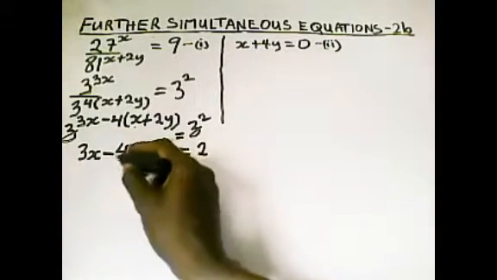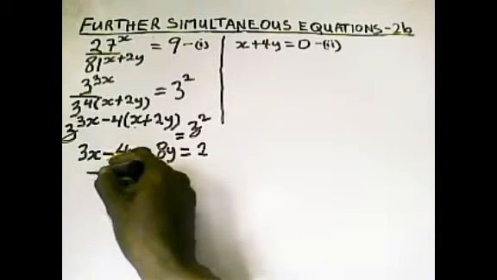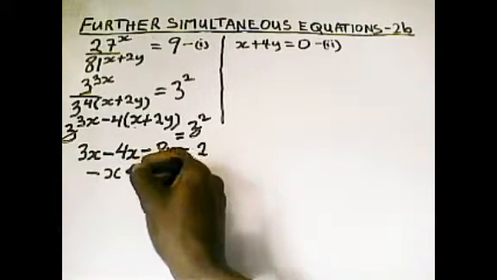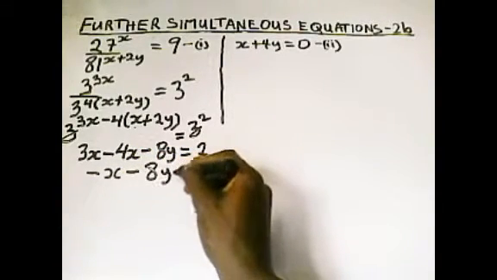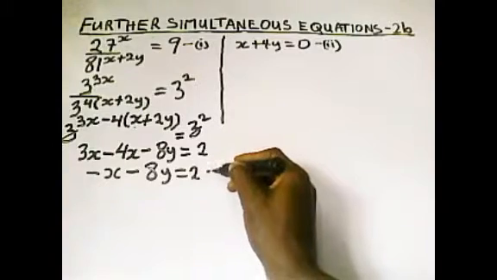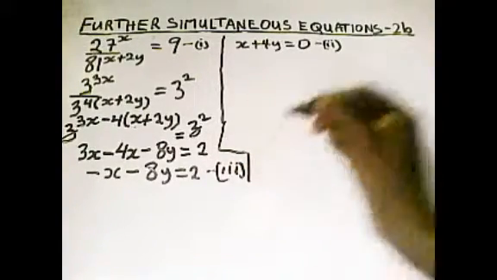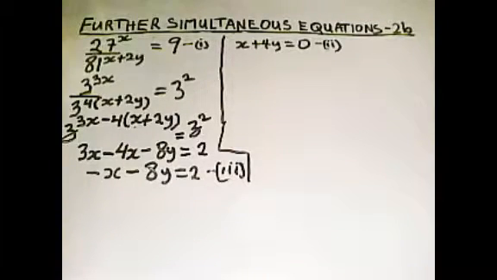Now if we simplify this, 3x minus 4x will give us minus x, then we have minus 8y, and everything equals 2. So we can call this equation 3. All right, so we have obtained equation 3.